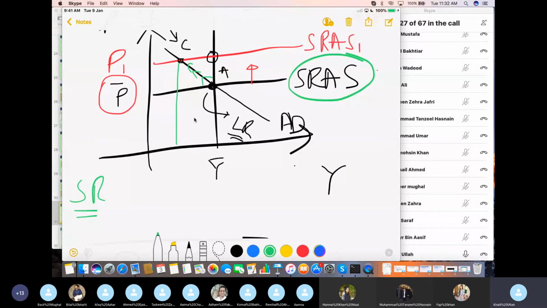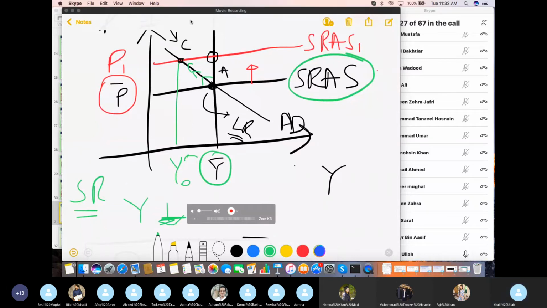Your GDP falls from Y bar and goes down to Y0. So your GDP has gone down in the short run. When the economy moves from point A to point C, GDP falls.